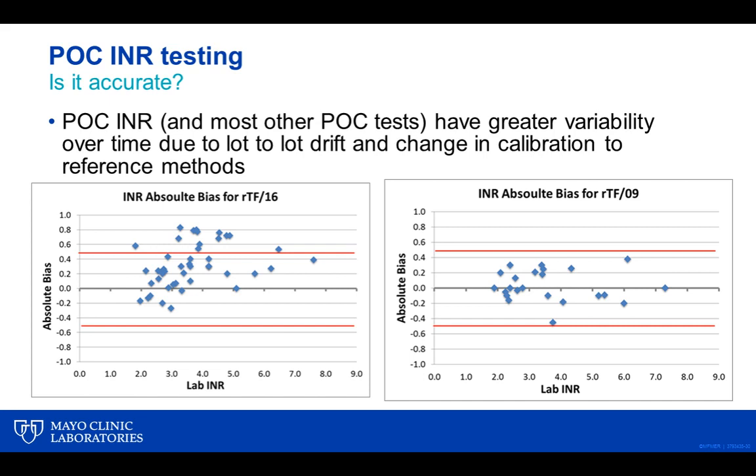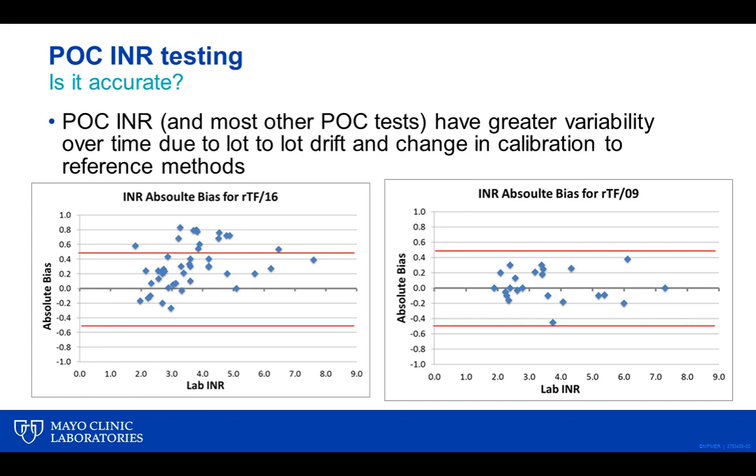Some of you know that one of the methods, the Roche CoaguChek, was subject to a recall a little over a year ago. This is our internal data showing on the left point-of-care INR versus lab INR. You can see there's a clear bias, and we got many samples differing by half a unit or more of INR, and that was when Roche did the recall.